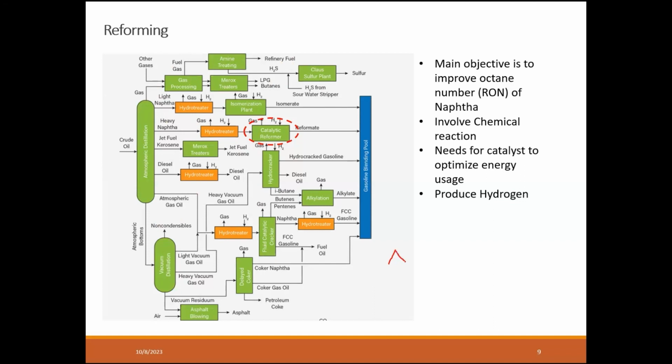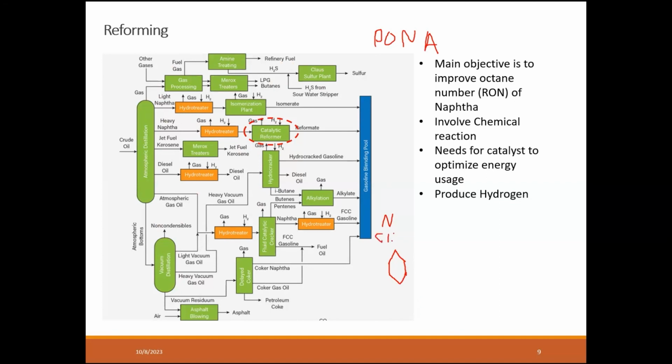So just imagine we have N, naphthenes. If you remember, we have PONA, right? So this is N, naphthenes, naphthene rings, or for those fresh grads, you might be familiar with the term cyclohexanes, right?